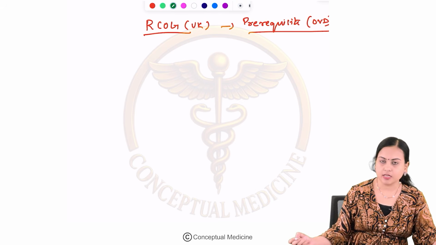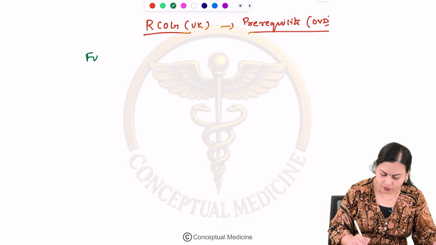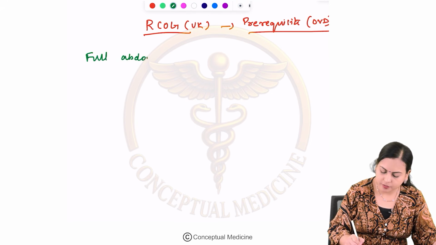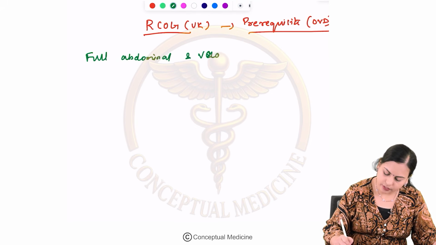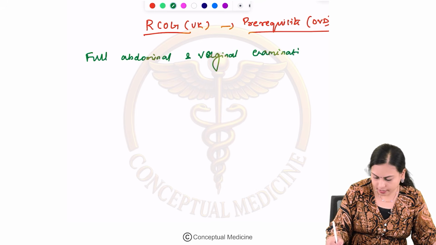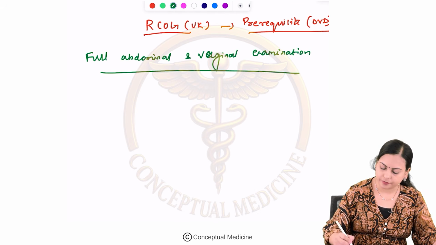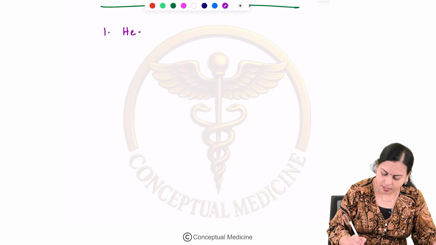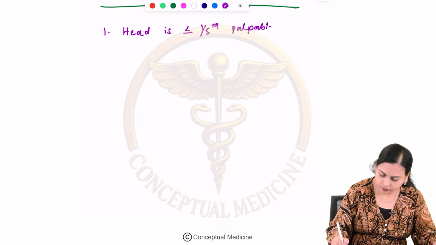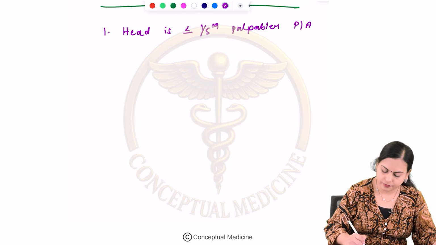So, let us see. We have to do a full abdominal and vaginal examination first. In that, the following criteria should be satisfied. Number 1, head is less than or equal to 1/5 palpable per abdomen.